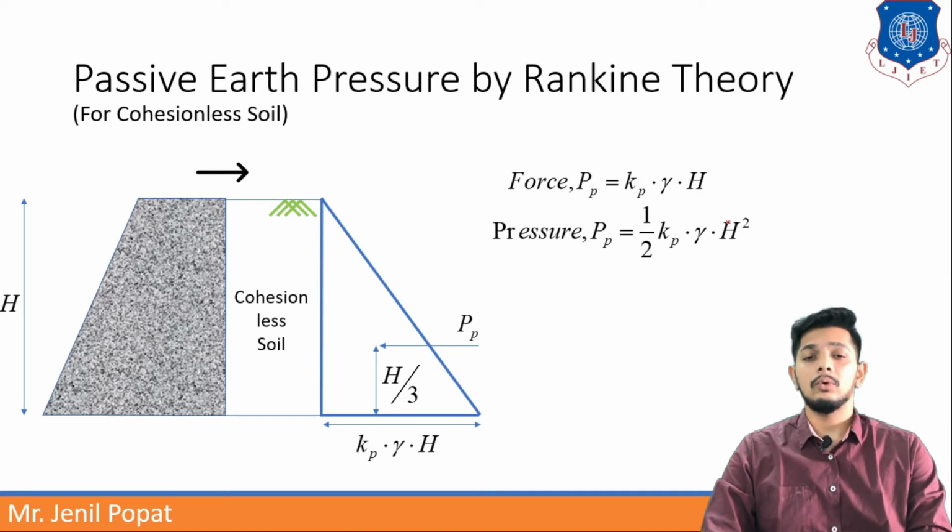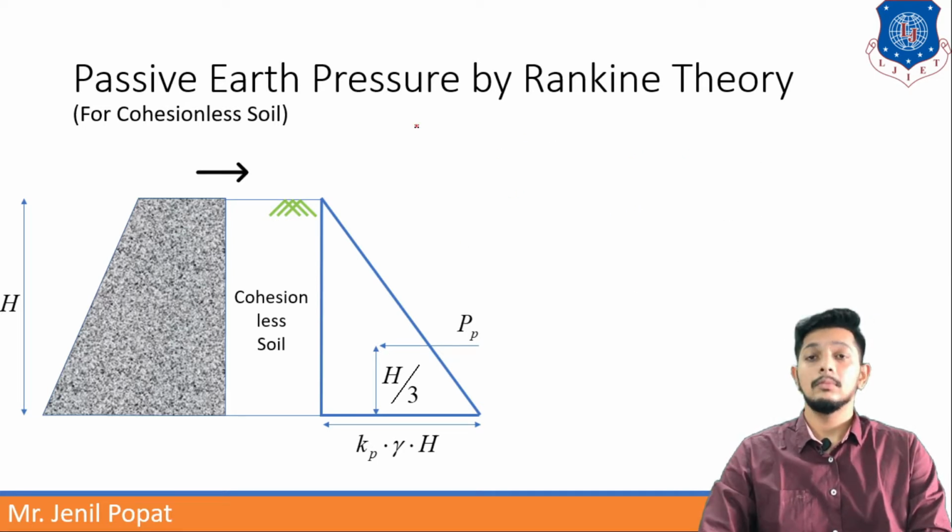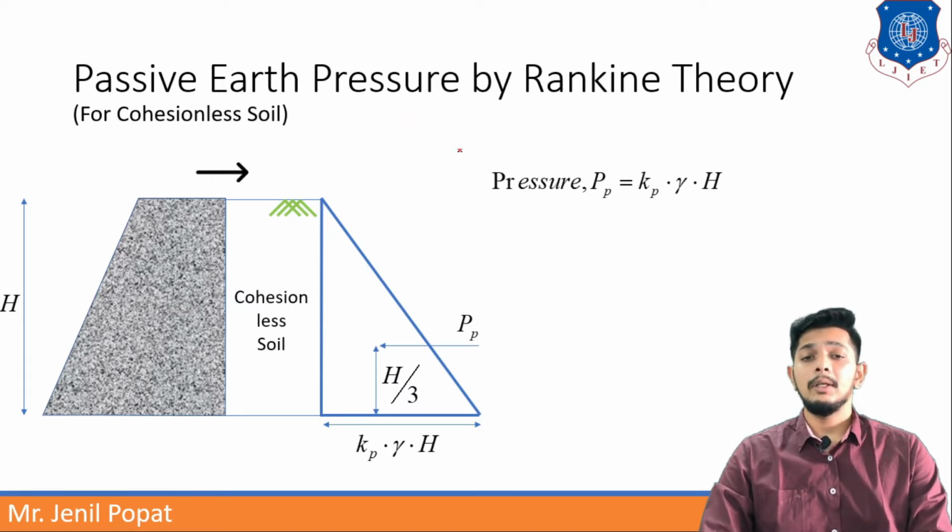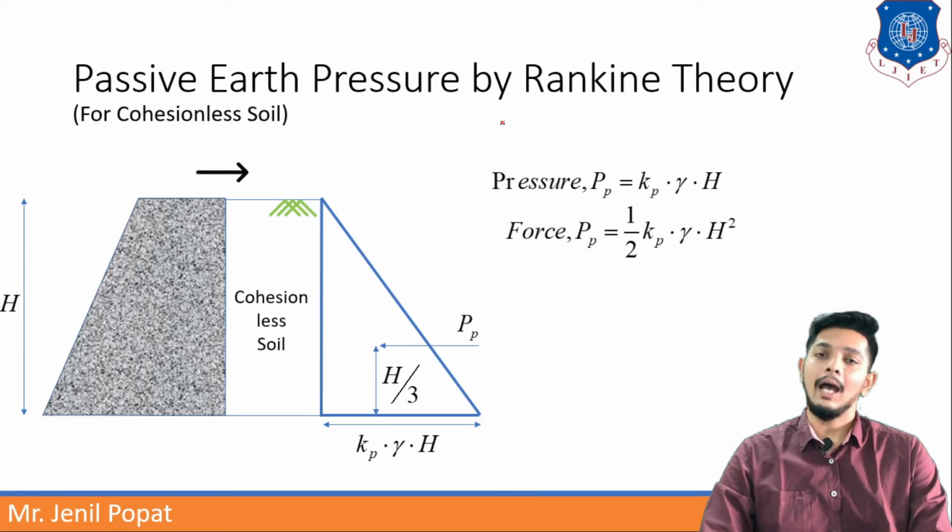This is pressure force and this is pressure. Pressure will be Kp into gamma into h, and pressure force will be 1 half base into height, 1 half Kp into gamma into h into height h. So it will be half Kp gamma h square.